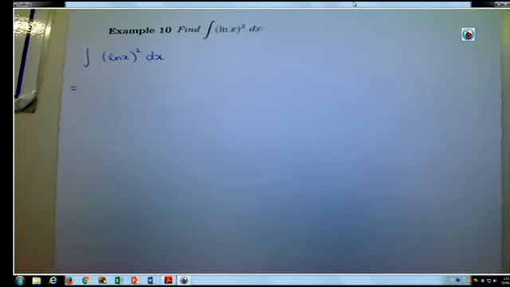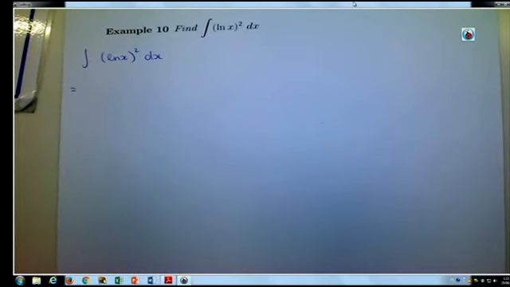Alright, the integral of log x squared. Log of x squared. It's integration by parts because that's what we're doing today. What are you going to choose for your u and what are you going to choose for your v prime?